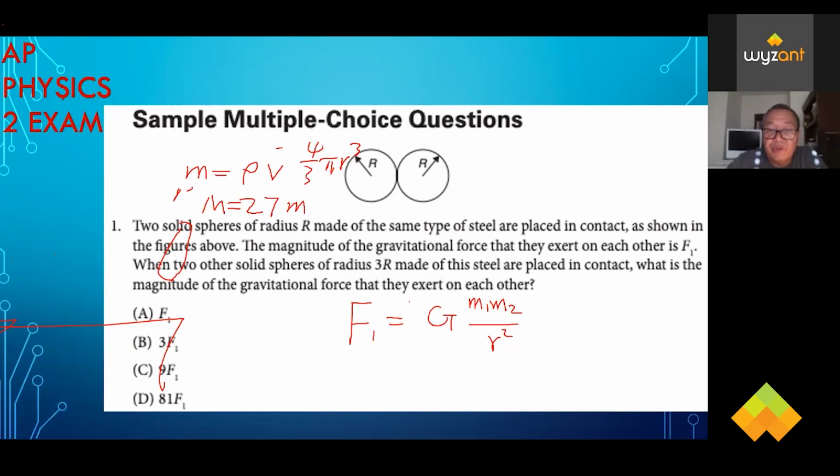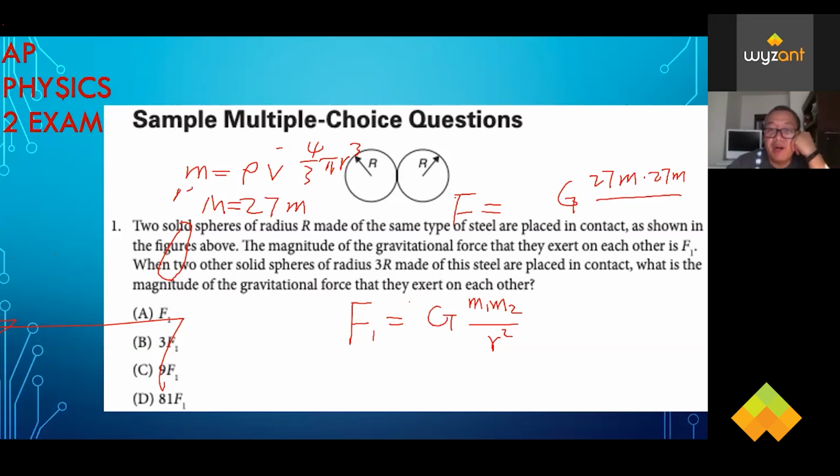Then you can plug it into the force formula. The force between these two big balls will be G, that's still the same, times 27m times 27m, divided by r. The original distance is 2r, right?